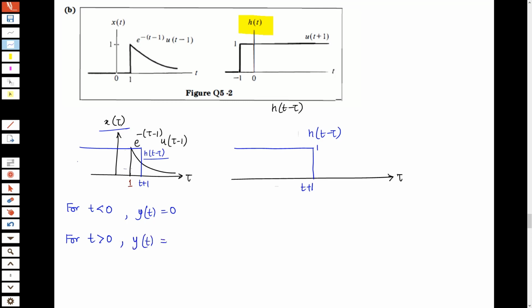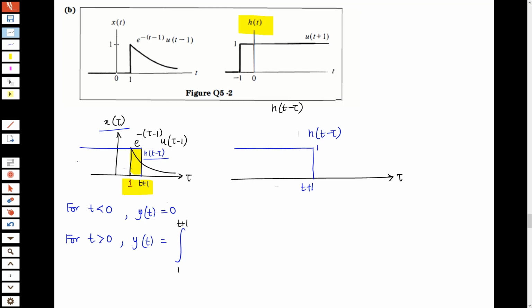Now what is y(t)? y(t) is integration from minus infinity to plus infinity, but obviously this is the only common area of overlap between 1 to t plus 1. That means the limits are 1 to t plus 1.